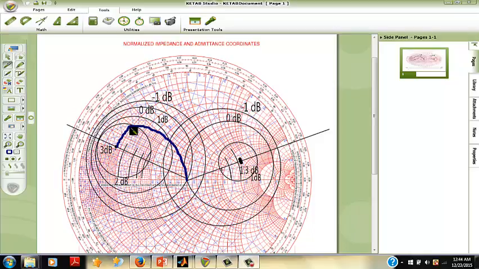On the resistance circles, we add a series inductor, and on the conductance circles, we add a parallel capacitor. The matching network of the source is a series inductance and parallel capacitance. This is for the source.